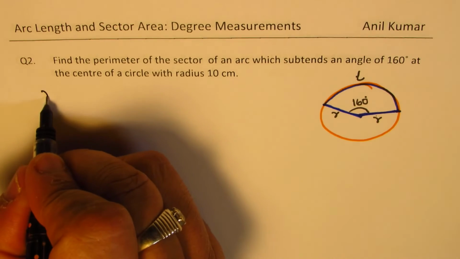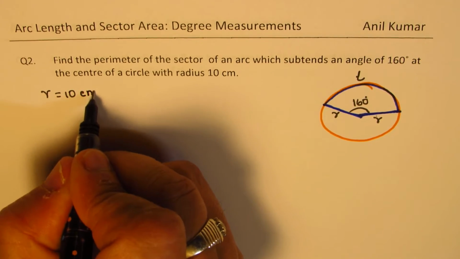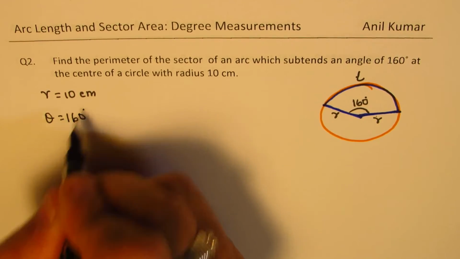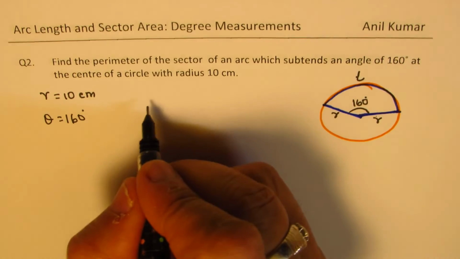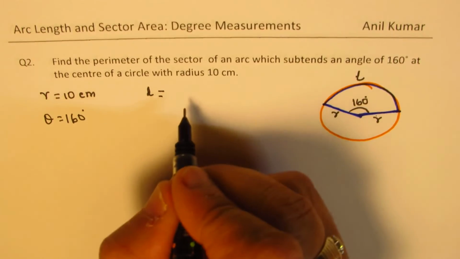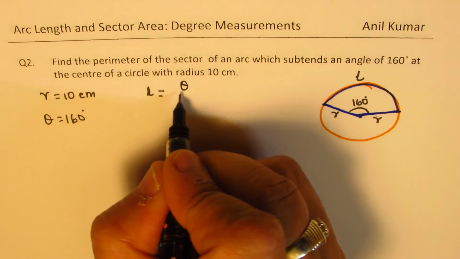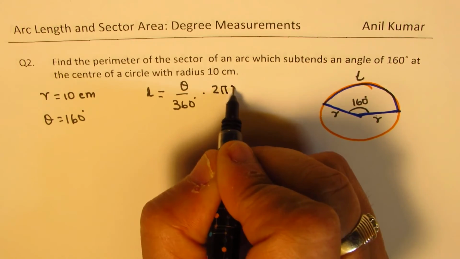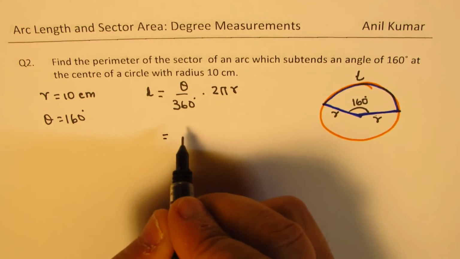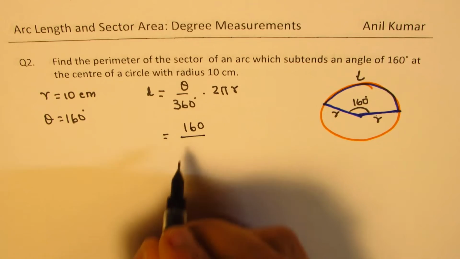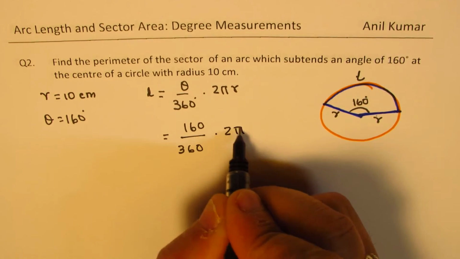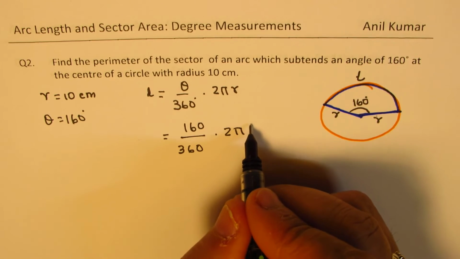We are given that the radius r is 10 centimeters, right? The angle theta is 160 degrees. The arc length L is equal to the ratio theta over 360 degrees times 2 pi r. In our case, the angle theta is 160 divided by 360 times 2 pi, and the value of r is 10.